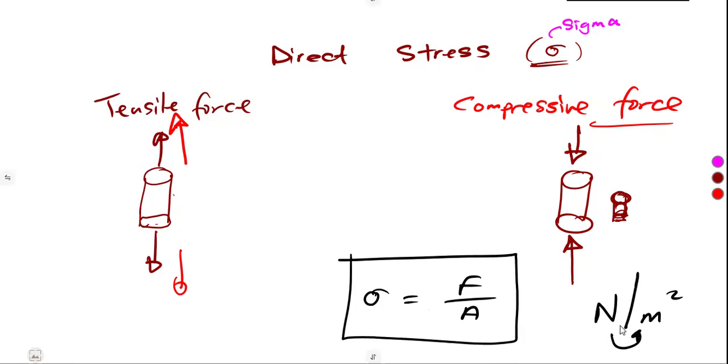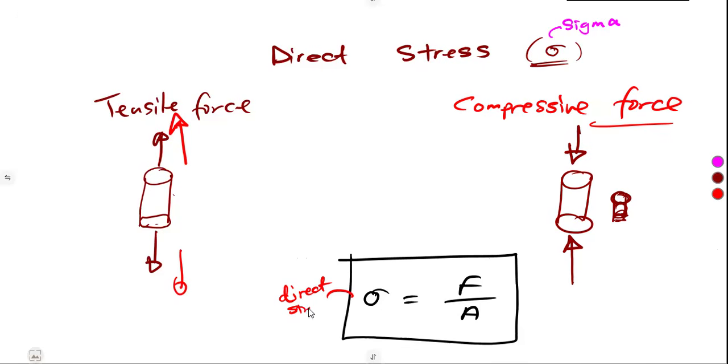The unit Newton per square meter, it is not the first time that we are hearing about this. We understand that it is equivalent to a Pascal. So 1 Newton per square meter is equivalent to 1 Pascal. Meaning the unit that you're going to use is the Pascal. So that is our direct stress.